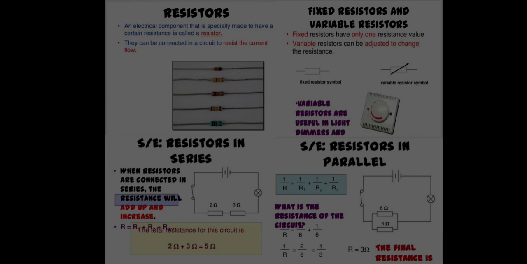Whenever resistors are connected in parallel, the formula is 1 by R equals 1 by R1 plus 1 by R2 plus 1 by R3, and so on. Because only two resistors are given, 1 by R equals 1 by R1 plus 1 by R2. So in parallel the total resistance is very less. You can see in series there is 5 ohm, and in parallel there is only 3 ohm, which is less.